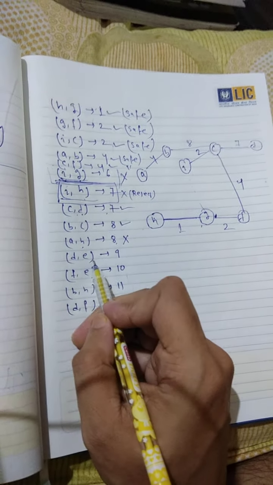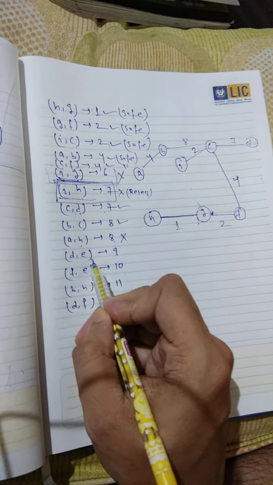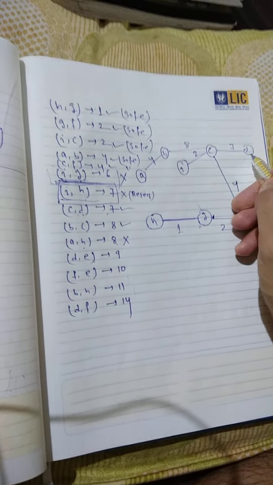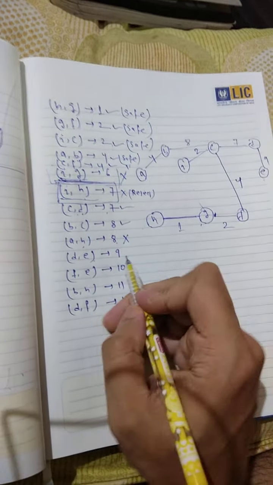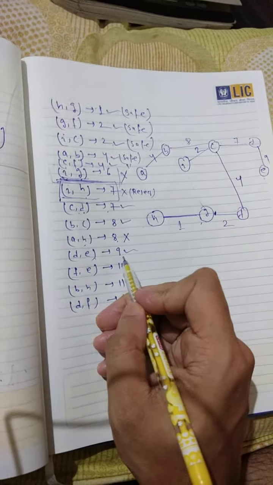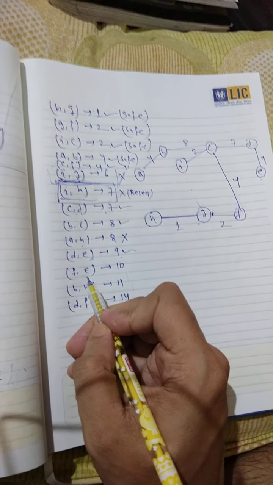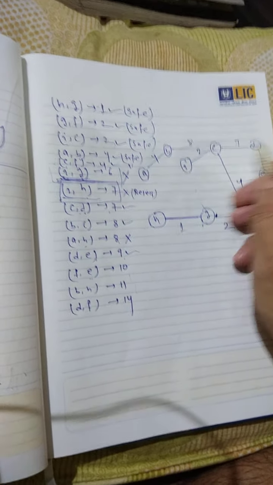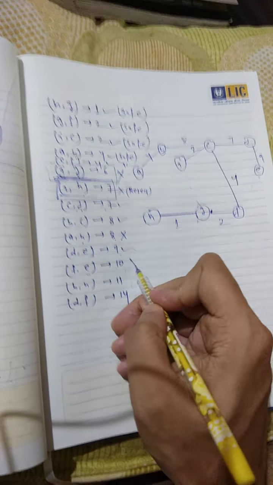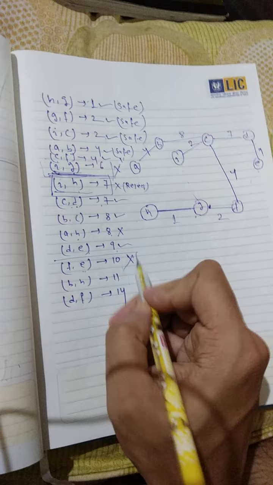Then D and E, where the cost is 9. No cyclic path, so I am considering D and E. Then F and E: if you join F and E, this is a cyclic path, so it is rejected.